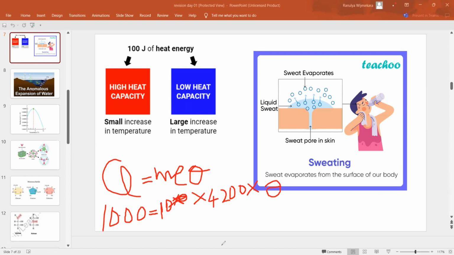Yes, include those points in your MCQ point book. ඉස්සරහට යනකොට ඔය ෆීචර්ස් දෙක මාරු වෙනවා. ඔය දෙක මේක මෙහෙම උනේ වේපරයිසේෂන් හින්දාද නැත්තම් high specific heat capacity හින්දාද කියලා පැටලෙනවා.